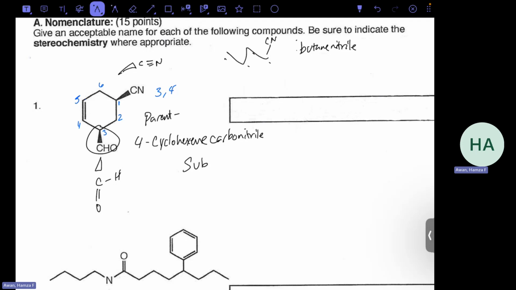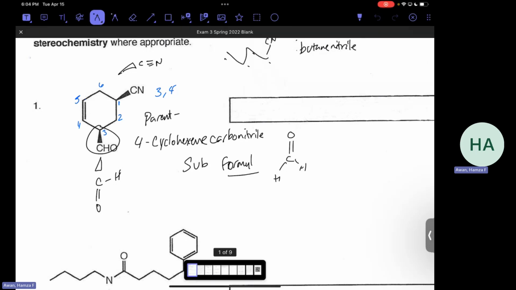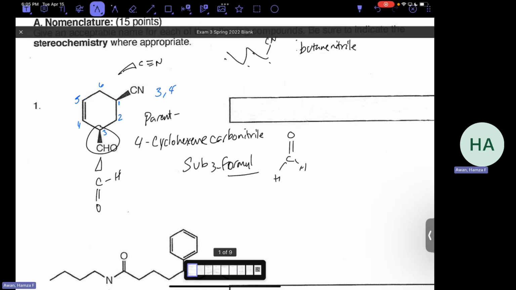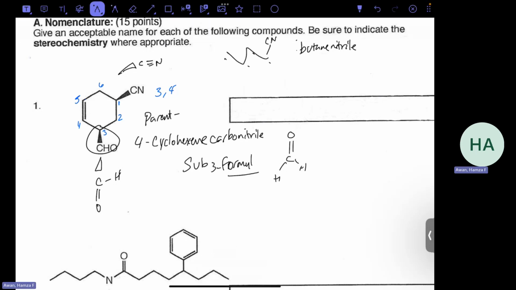Because it's a substituent this time, it's going to be called the formyl group, like in formaldehyde. You just call it formyl if it's an aldehyde there. So that's our substituent. It's going to be on 3. So 3-formyl. And then we do have also stereochemistry.